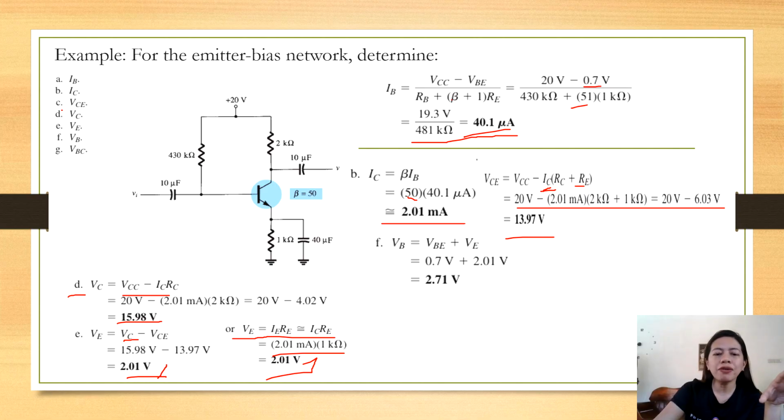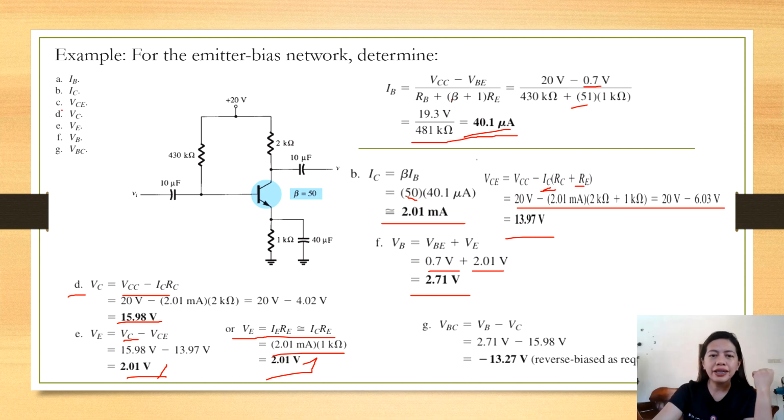VB is equal to VBE plus VE. That would be 0.7 volts plus 2.01 volts. You will get 2.71 volts. This is just a formula taken from VBE is equal to VB minus VE, the technique that I already taught you.